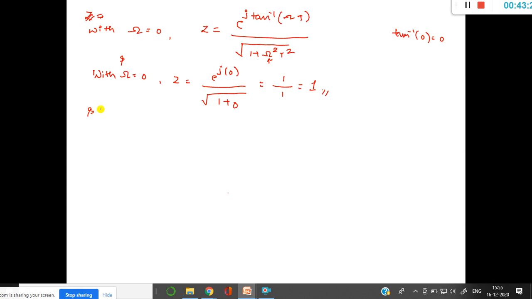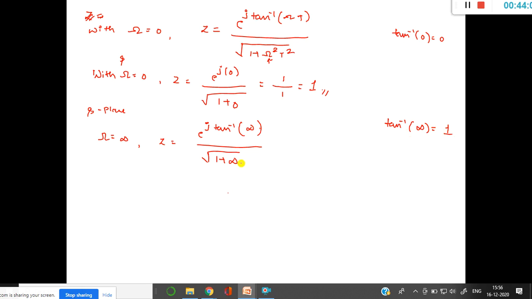Okay. Now in the S plane, if omega is lying somewhere else, say infinity, the maximum frequency, then e to the power of j tan inverse of infinity we are going to get. What is the value of tan inverse of infinity, divided by 1 plus infinity? So what is tan inverse of infinity? What is tan inverse of infinity? Which is 1, right?